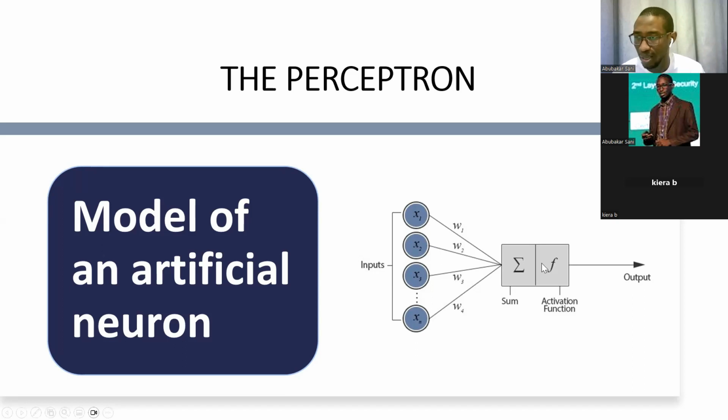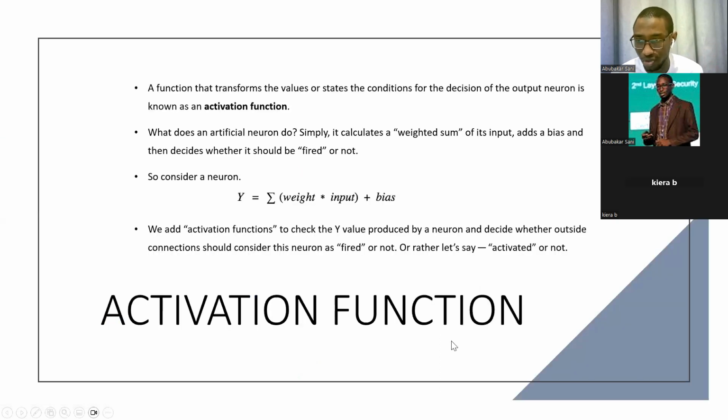If the value that is obtained is greater than 0.5, you might say it is high time for the neuron to fire or to send a signal forward. If the value is less than 0.5, then it should not send anything forward. So this is how this thing works. And this is what I was talking about, the activation function.